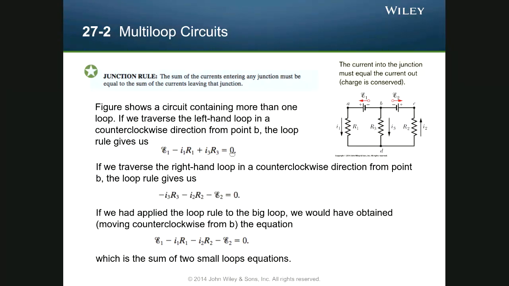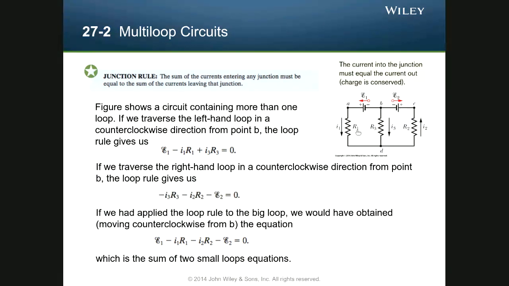Now, you'll notice for different loops, different signs emerge. You can go around the loop any which way you want, but that just changes everything by a minus sign, right? So if we traverse the right-hand loop counterclockwise, starting at point B, so that's this way, you'll notice we're going with the current now, so that's minus I3 R3.